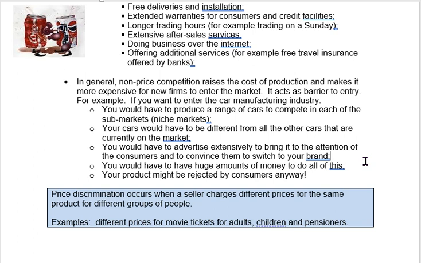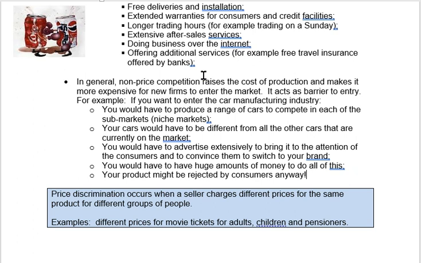I'm going to have to advertise extensively in order to attract their attention and convince them to switch to my brand. All of this is going to cost me a huge amount of money, and then maybe the customers still don't even come. They still think my car is stupid. They still don't like it. I've spent all this money on trying to establish my brand, and people don't buy it anyway, and then I lose all the money that I have invested.